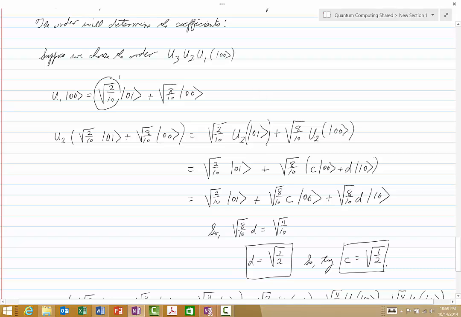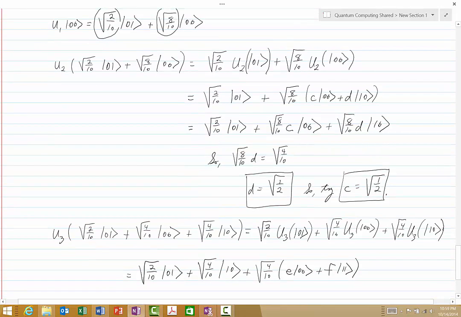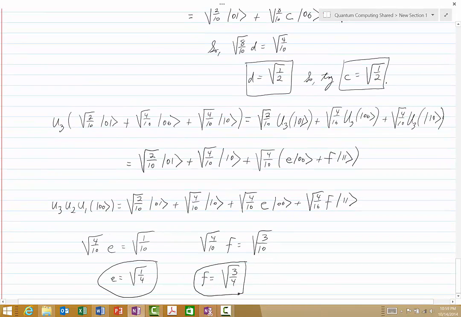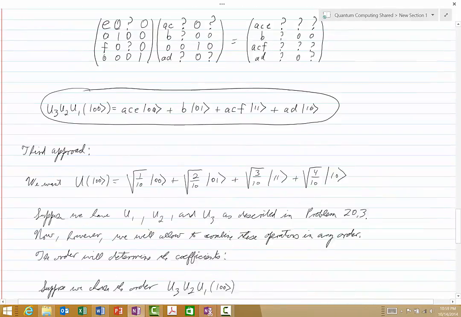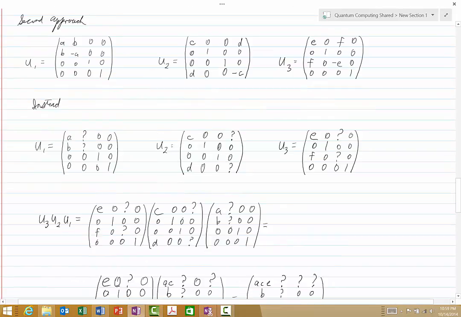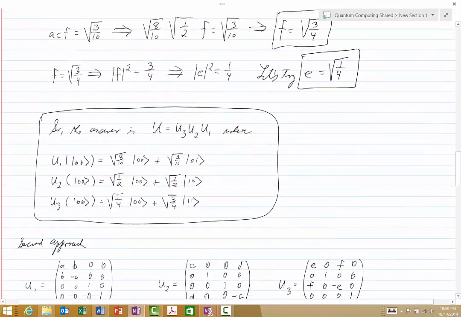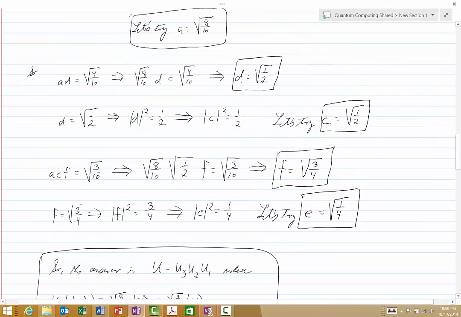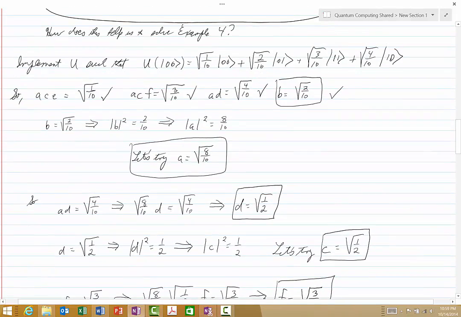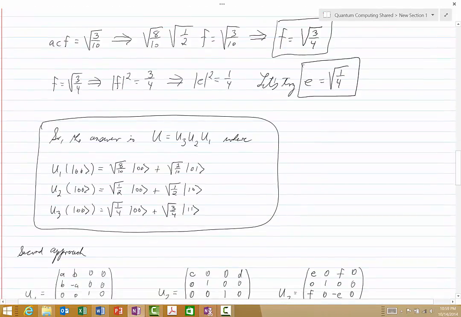So this would be B, and this would be A. And if you compare the values we've obtained now with this approach, A equals square root of 8/10, B equals square root of 2/10, C and D are both equal to square root of 1/2, and E is square root of 1/4, F is square root of 3/4. If you compare that to what we obtained up here, you will see that it is exactly the same.